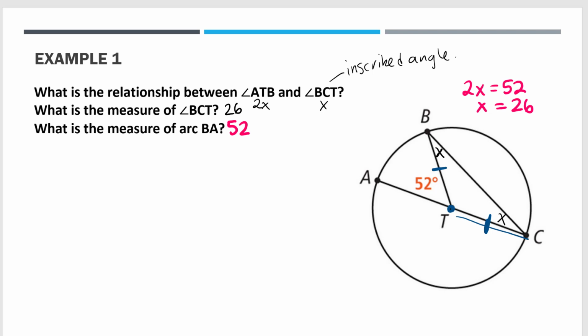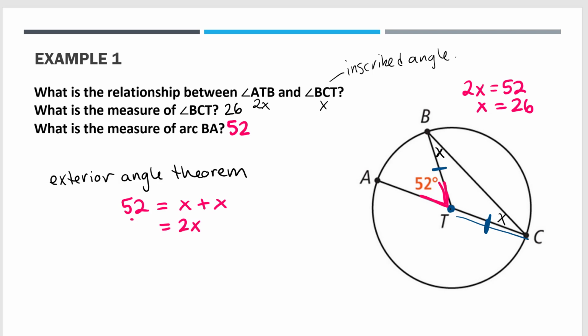The exterior angle theorem, where 52 degrees is the exterior angle of the triangle, states that 52 degrees is equal to the sum of the two opposite interior angles. If we collect like terms and solve for x, we have again proven using an alternative method that angle BCT is equal to 26.